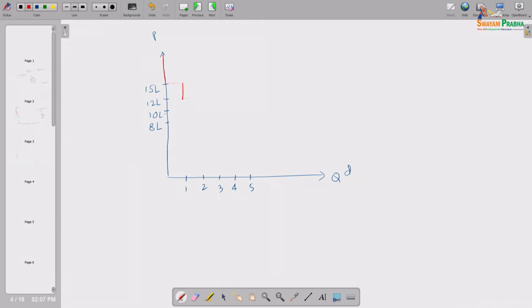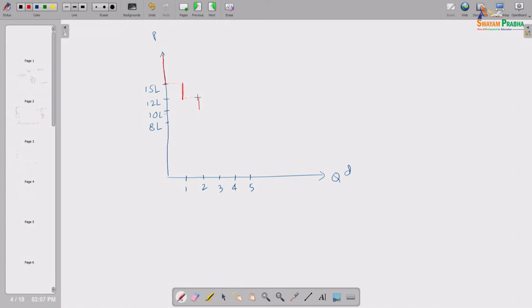So, there will be a break here, it will come to the second, and it will continue. The meaning is that above 15 lakh rupees there is no demand, at 15 lakh rupees one demand, any price between 15 lakh and 12 lakh only one demand. Then when it is 12 lakh, two demand. Why two demand?